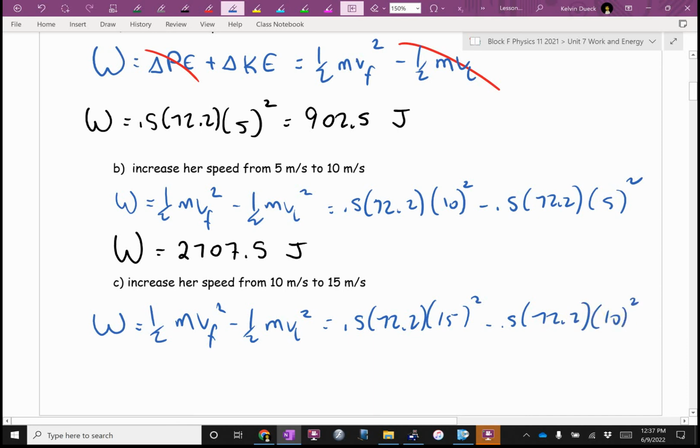In fact, I'm willing to bet if you have a good calculator, you might be able to just backspace and edit and change the 10 to a 15 and change the 5 to a 10. And you're going to get an even bigger answer. I think something in the 4,000s? But that's about as much as I can do.